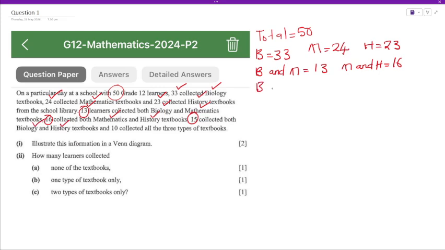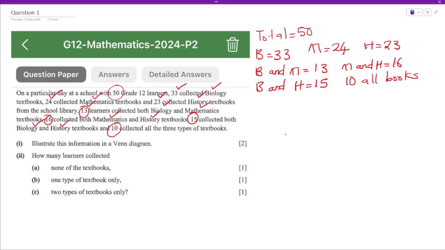So biology and history, we have 15. And the last one, 10 collected all 3 types of textbooks. So this is the intersection of all the 3 sets.